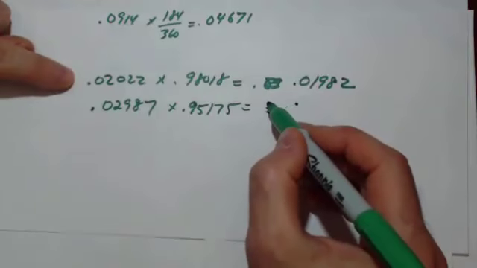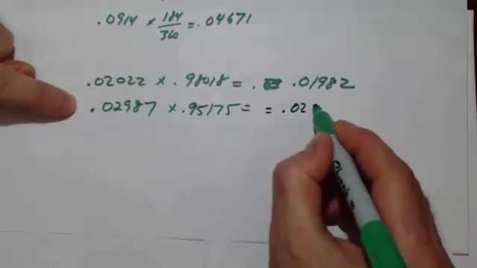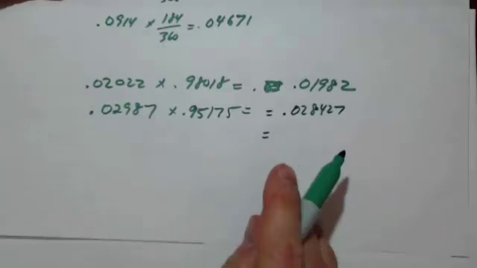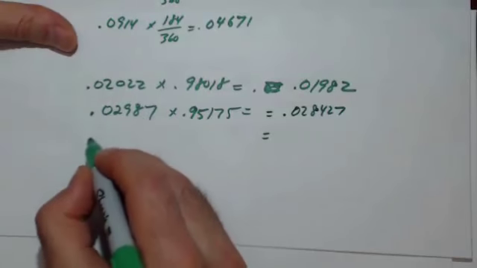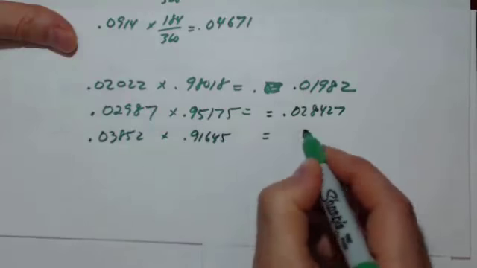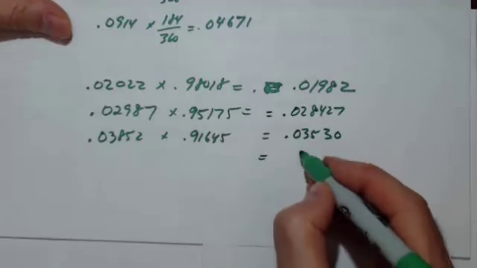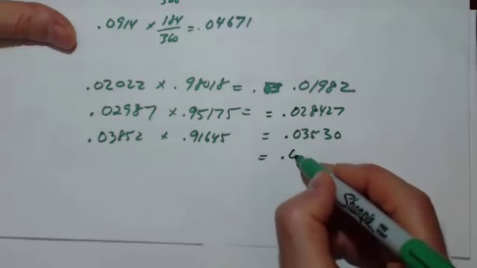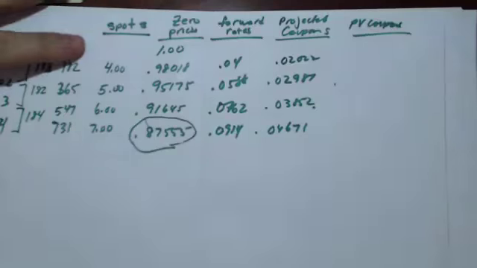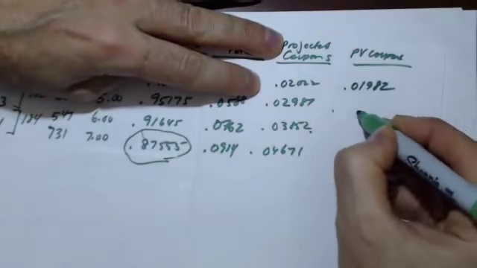Let's see, 98. This one is 0.028427, and if I keep doing this, 0.03852. The next one would be 0.0409. So let me fill in the table. 0.01982.